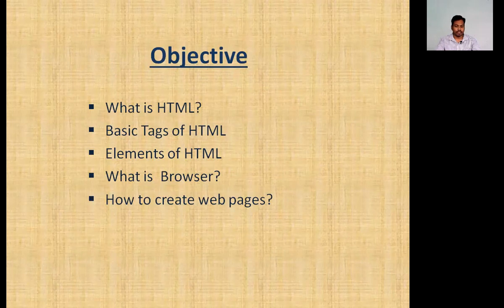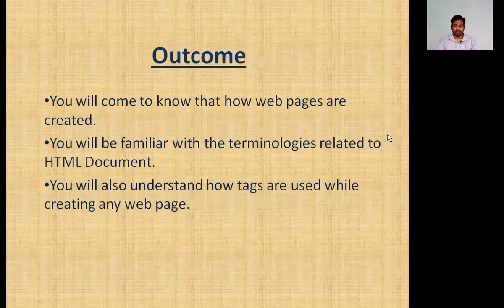Then elements of HTML. Then what is a browser? How to create web pages. After completion of this lecture, you will be able to know how web pages are created. You will be familiar with the terminologies related to HTML documents. You will also understand how tags are used while creating any web page, right?